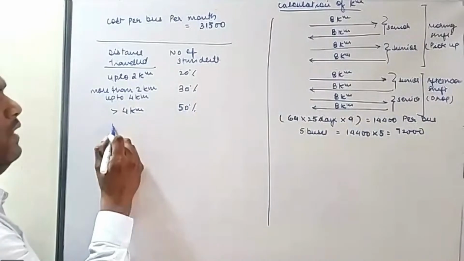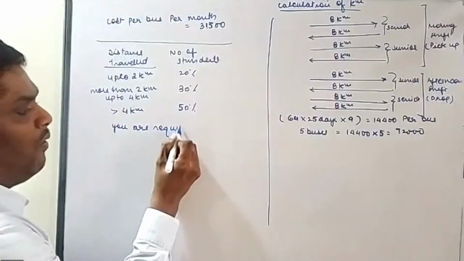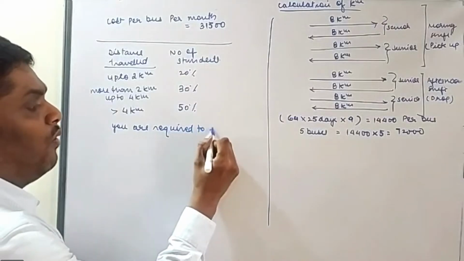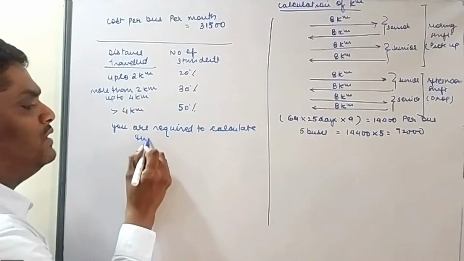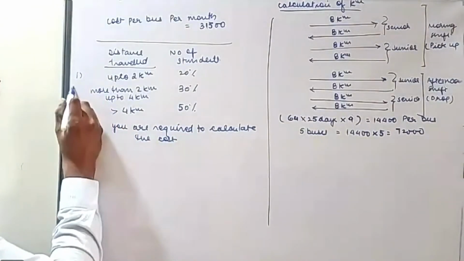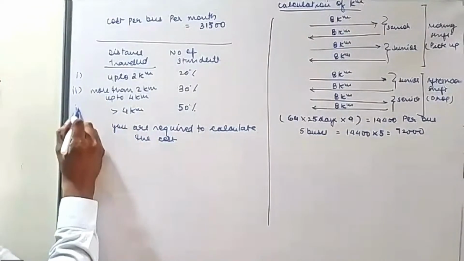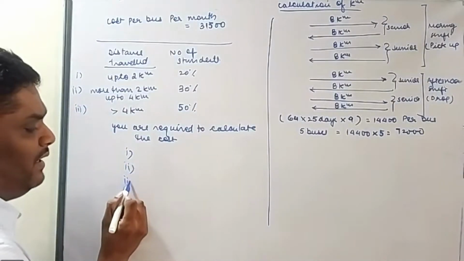You are required to calculate the cost. Let's say this is the first category, this is the second category, and this is the third category. So for first category, second category, and third category.